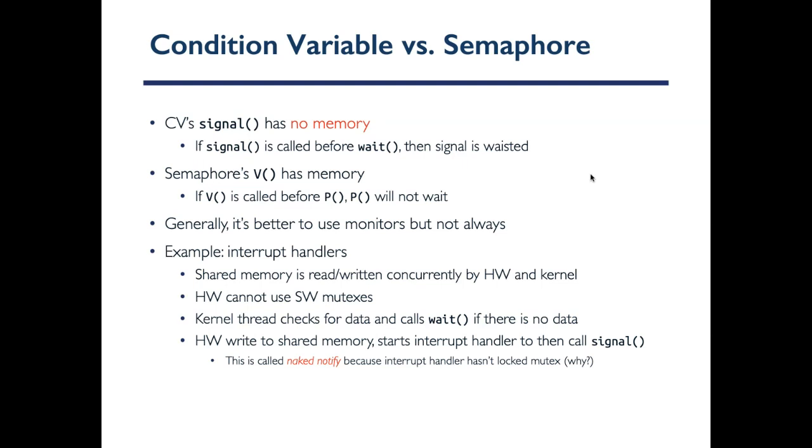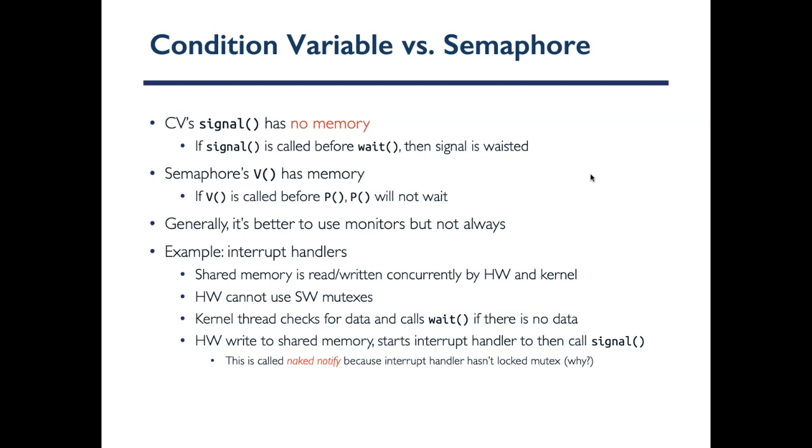Initially, when I talked about monitors, I said, don't do this. Always use signals and broadcast and all of that while you're holding the mutex. In this context, it's not possible for the hardware to hold the mutex. So it could signal without holding the mutex, and that signal gets lost. And again, the reason it cannot hold the mutex is what we talked about.